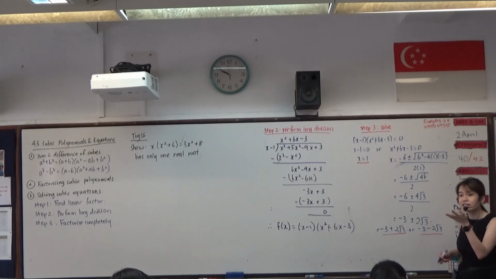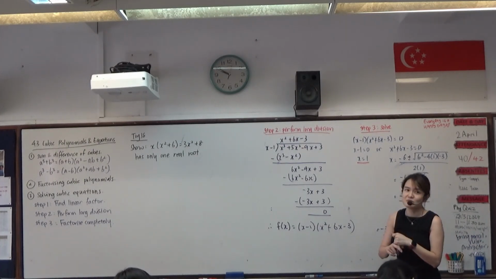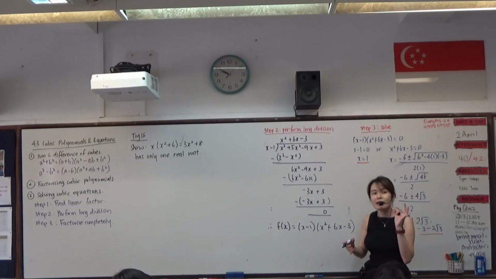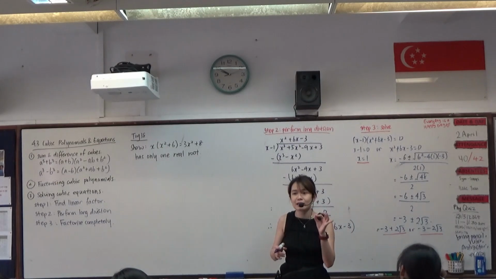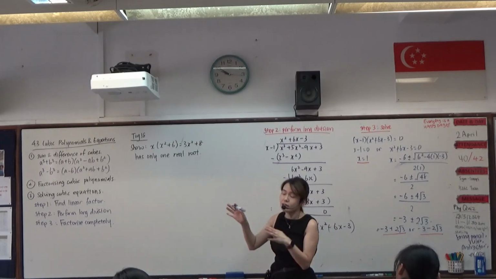Discriminant. Alex. Discriminant less than 0. Yes, we are expecting to talk about discriminant, but what is one very important thing about discriminant? Discriminant only applies for what kind of equation? Quadratic. This is a cubic equation, right?